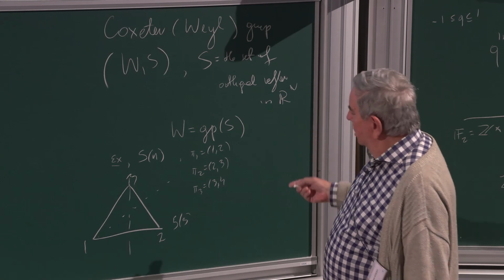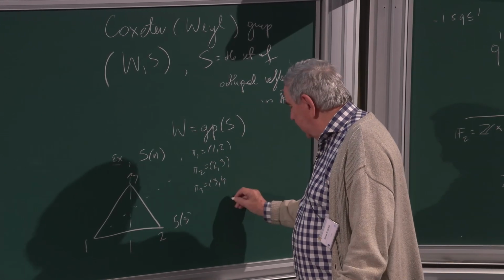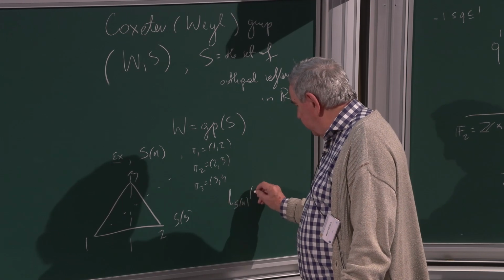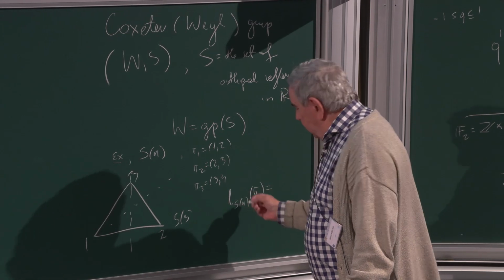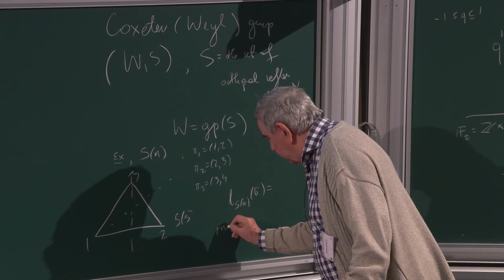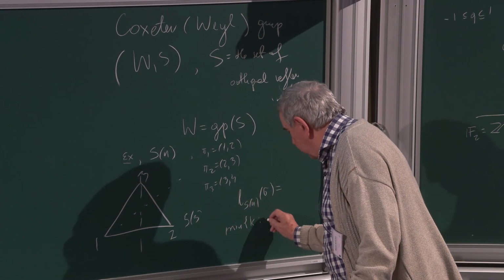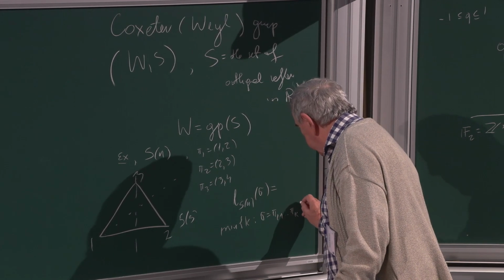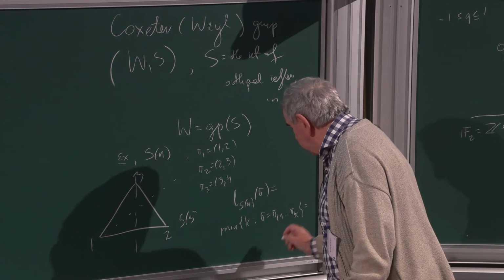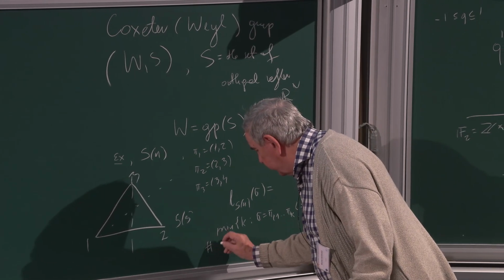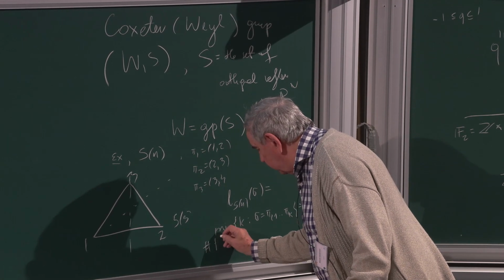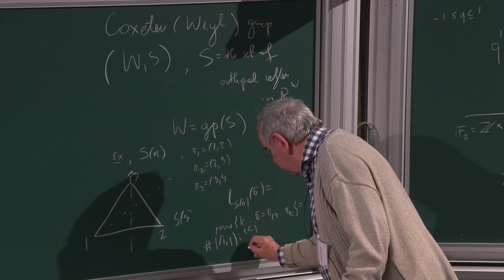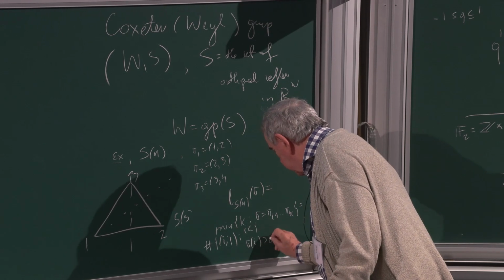And even for that group, the length function on Sn, for sigma, is just the minimum of k such that sigma is written as a product P1 through Pk. You can read this really as the number of inversions, the number of pairs (i, j) with i less than j but where sigma changes the order.